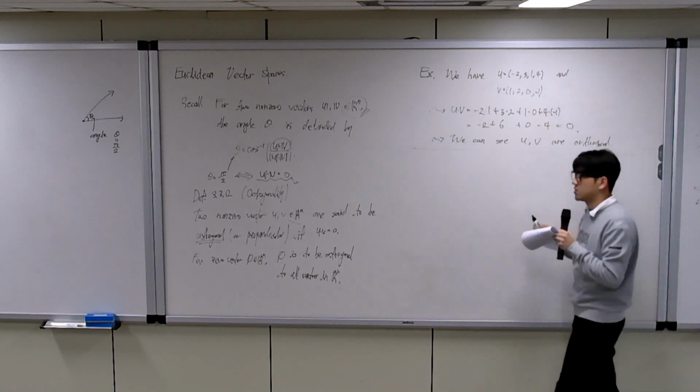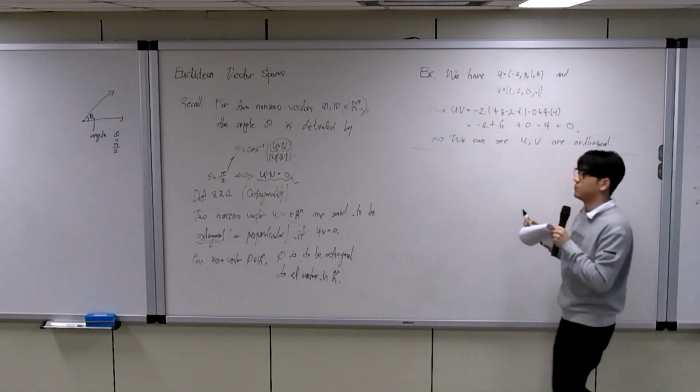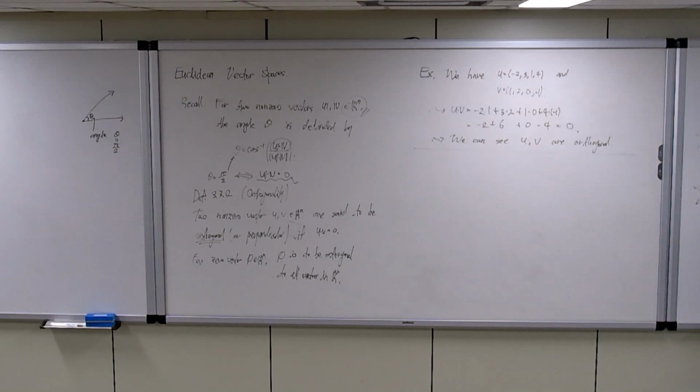Actually, I will give this notation by using orthogonality. If we consider a vector, this line will be orthogonal to the vector u.